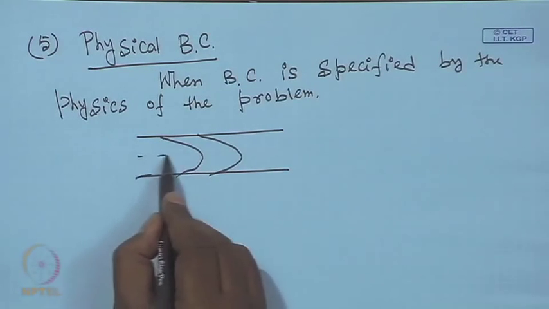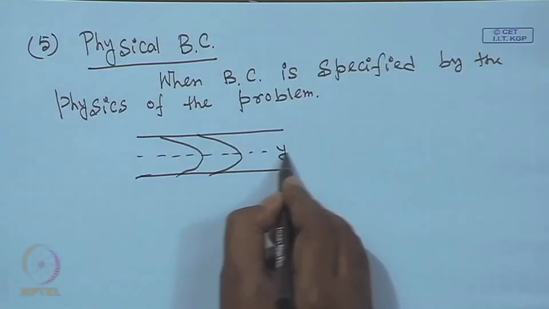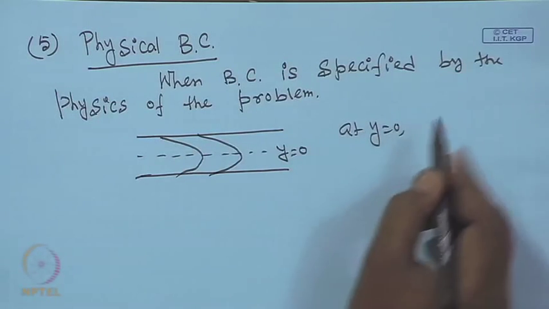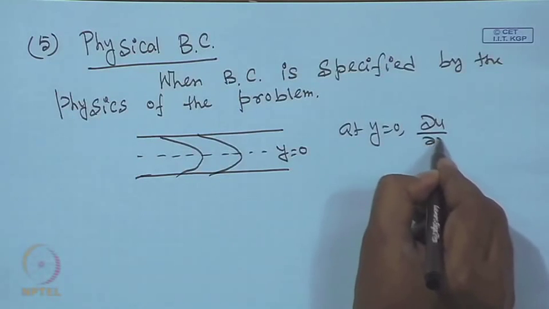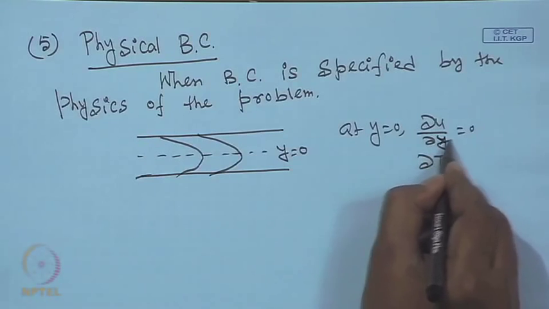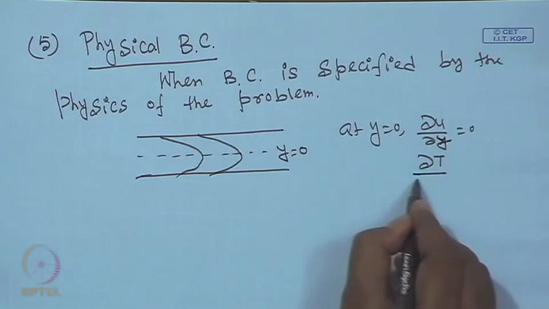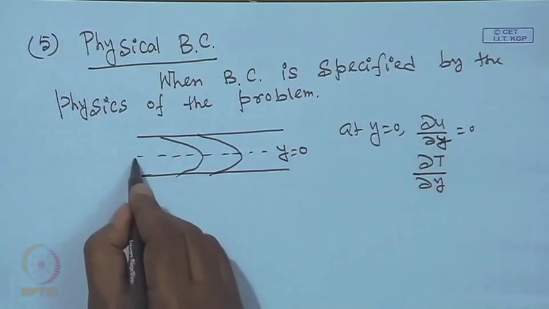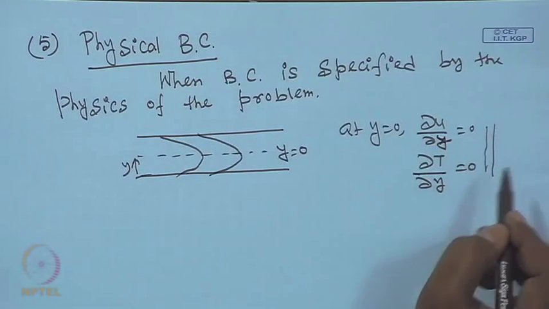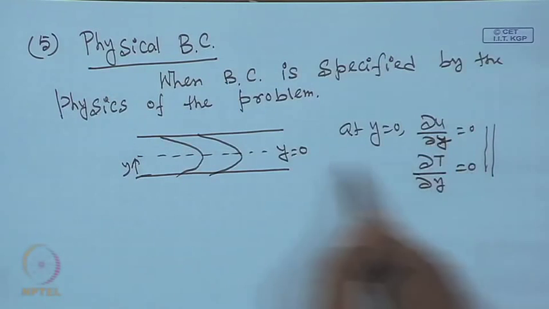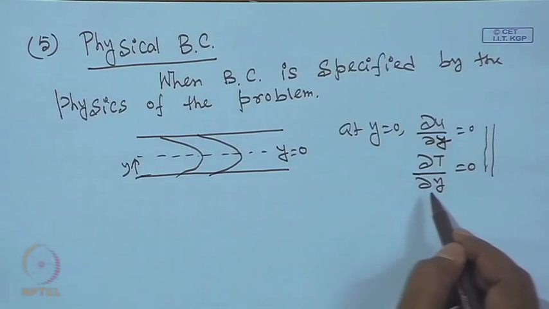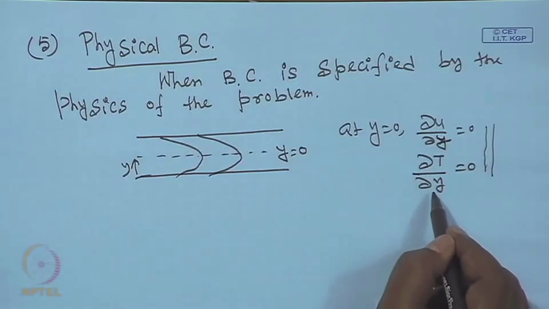So, we always define this boundary condition at the middle of the channel, that means at y is equal to 0, del u del y is equal to 0, or del T del y is equal to 0. This comes from the physics of the problem. It is not that the boundary is insulated; it is symmetrical at that particular boundary.